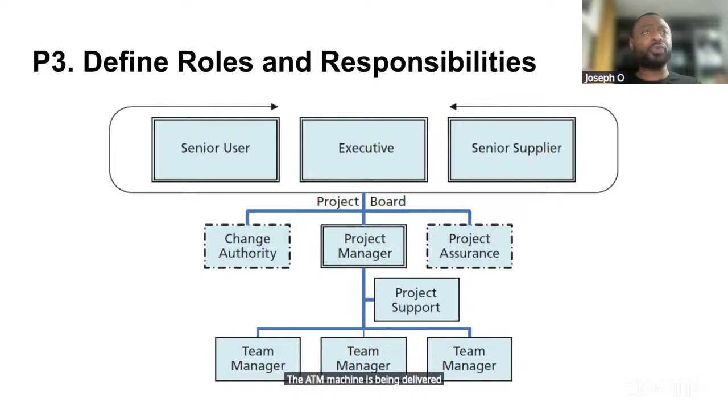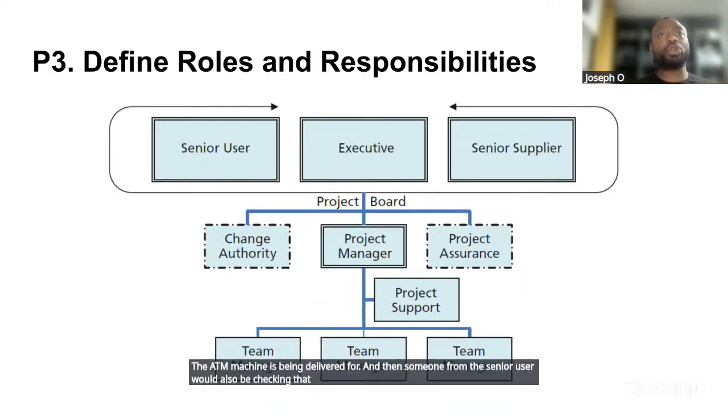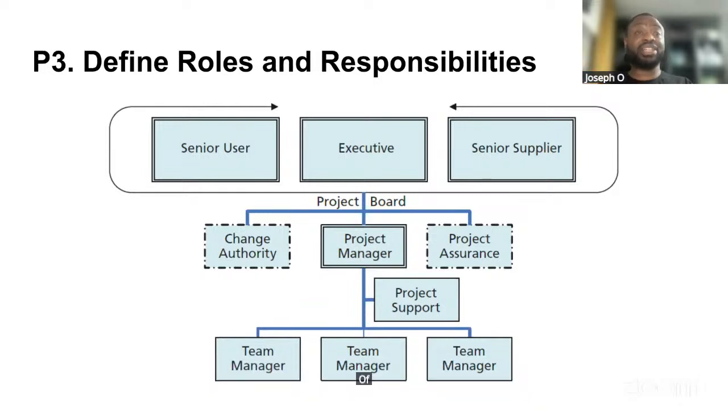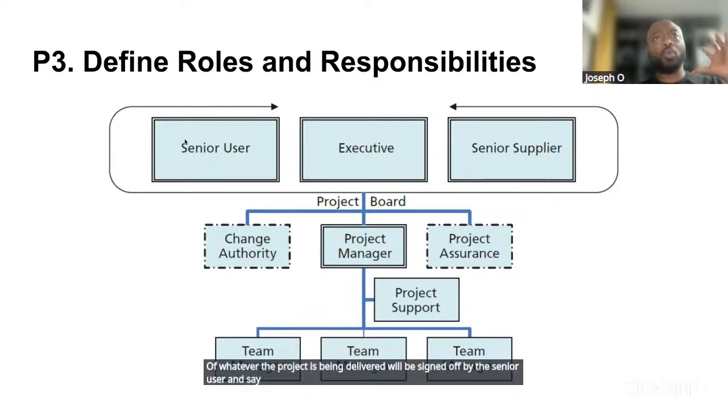Someone from the senior user would also be checking that it's meeting all the requirements that the project was meant to deliver. So most times the acceptance of whatever the project is delivering will be signed off by the senior user, saying, okay, yes, what we agreed at the beginning, this is what we have achieved at the end.